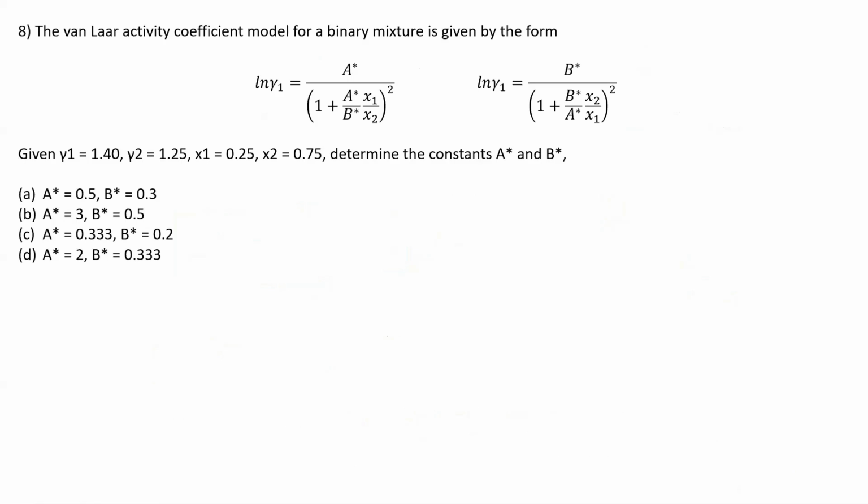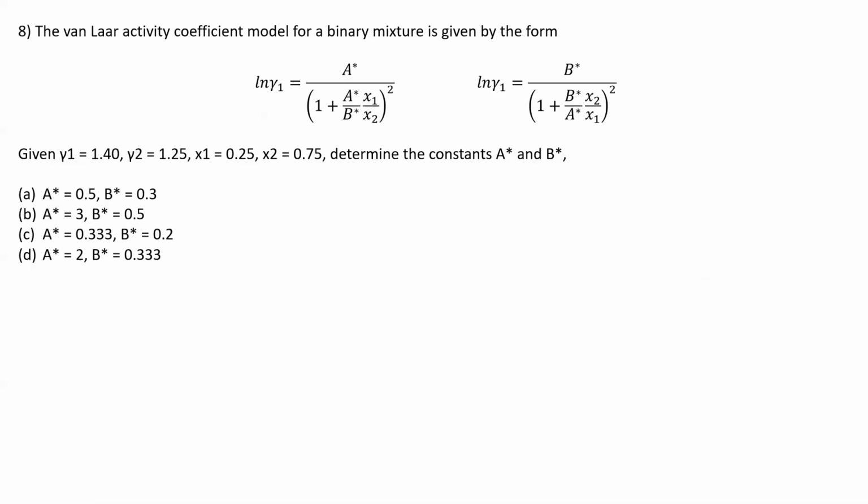Next question is the Van Laar activity coefficient model for a binary mixture is given by this form. Now, what are the values of A star and B star?